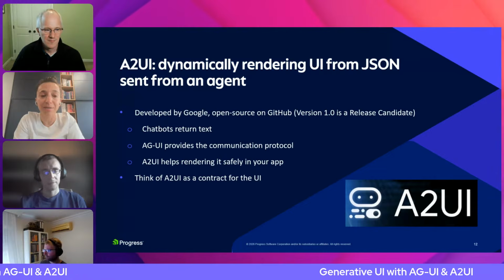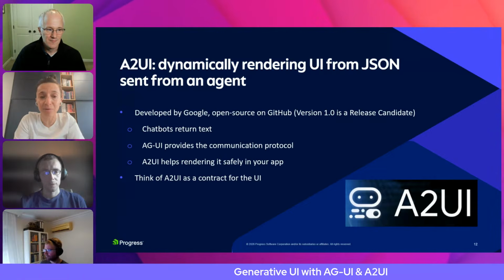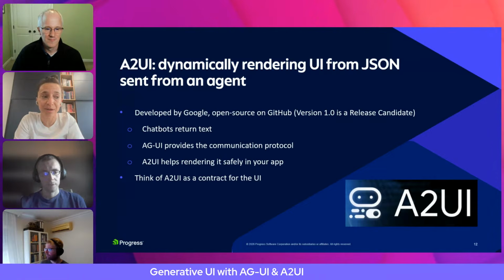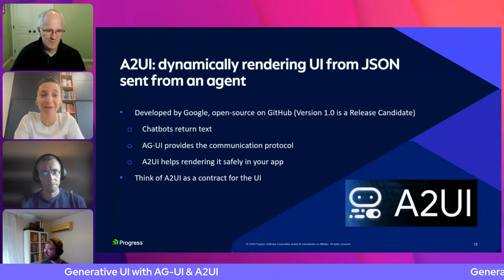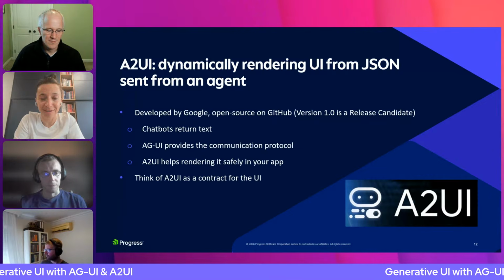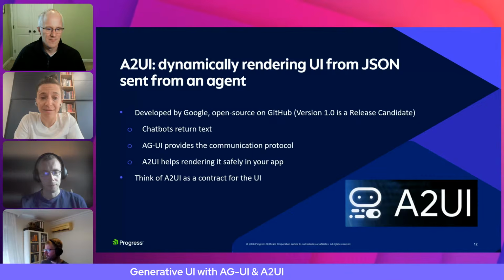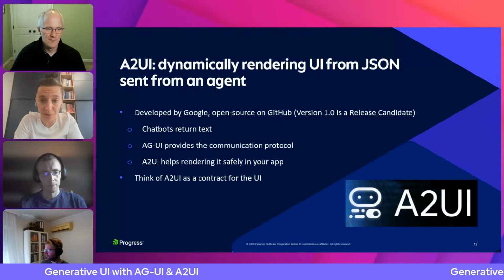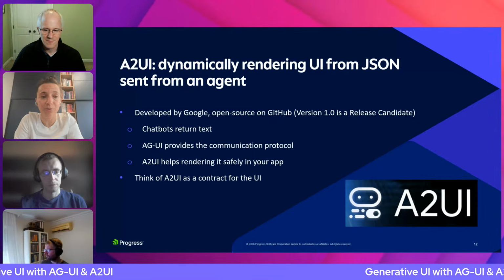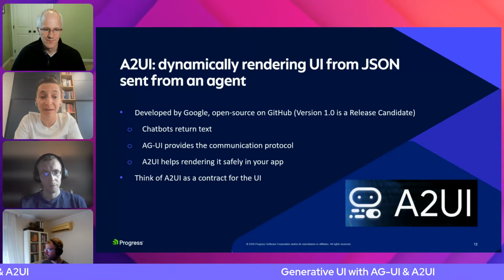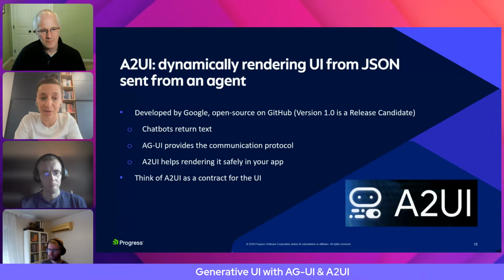But yeah, with implementing this protocol and using it, you can have a lot more beautiful UI than just text. And here AGUI provides the communication protocol, while A2UI helps render it safely in your app.